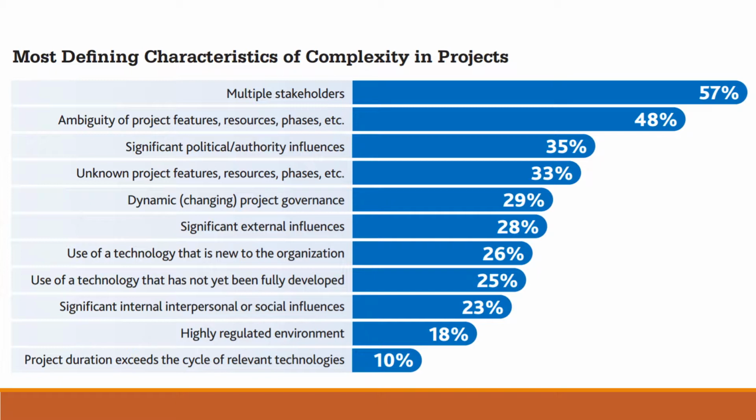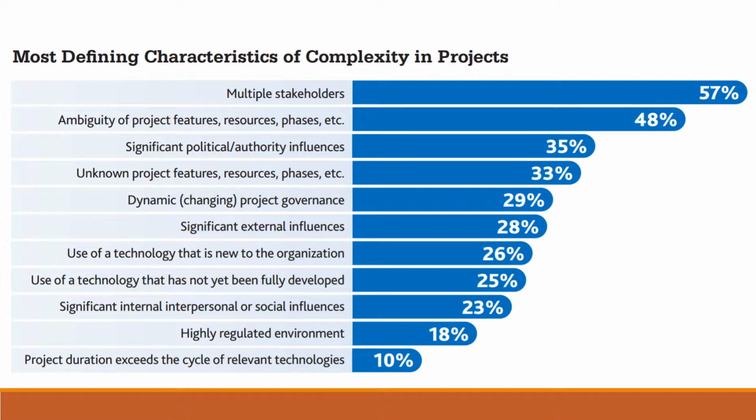Multiple stakeholders, 57%. Projects are complex because of multiple stakeholders in them. So 57% of people that have been surveyed believe that the complexity of the project is due to the numerous multiple stakeholders. This basically amounts to a lot of communication issues as well, right?